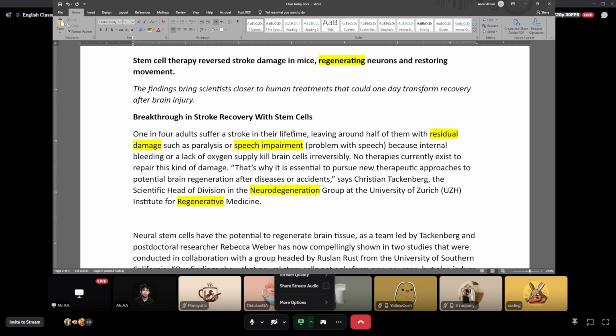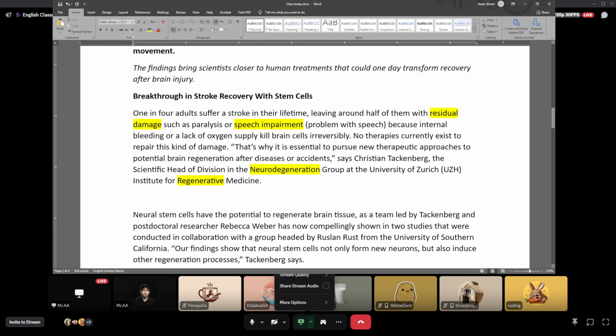Some people cannot talk, some people are deaf, some people are mute, and that is what we know as speech impairment. And paralysis is also a problem with the body, when the body does not respond to our neurons anymore. That is what we know as paralysis. Thank you so much for reading.